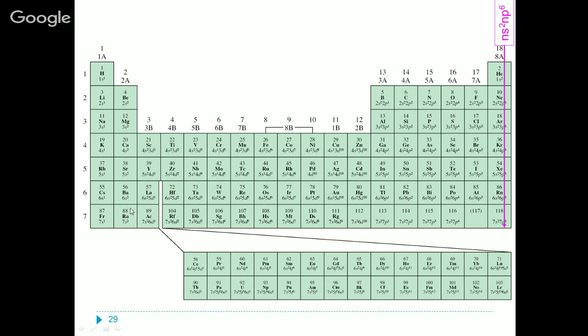Look at that, our trend of, if we're looking at our A groups, our representative elements, 1, 2, 3, 4, 5, 6, 7, 8, hey, it matches our group number, telling us how many valence electrons we should expect to see. Now, the Ds are a little different. We have some interesting elements which don't necessarily follow the rules. I encourage you to look in your book to figure out what those elements are.